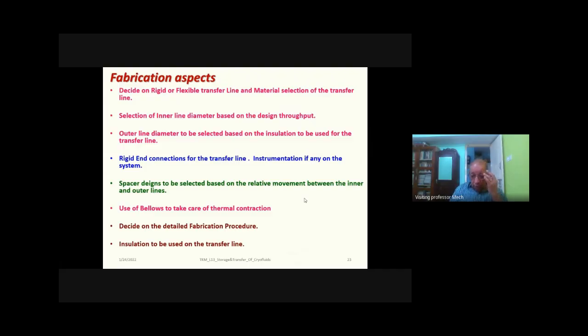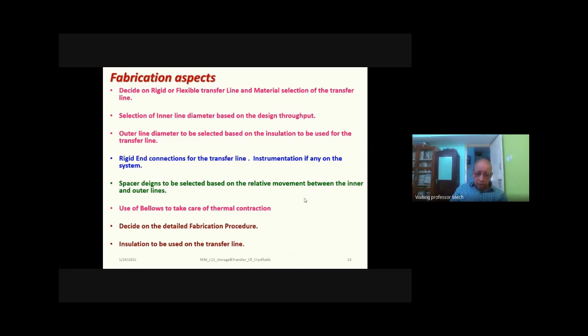You also may require instrumentation of the transfer line, if you so desire. I'm not sure that every time you require instrumentation, but in some cases you may require it for monitoring some purpose, maybe the temperature of the inner line to be measured or something like that. Then you also have to decide on the spacers which go in between the inner and the outer lines.